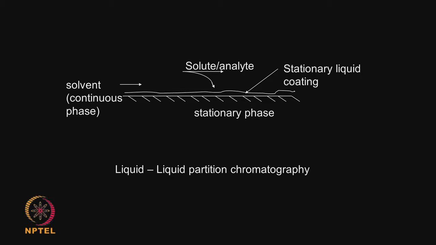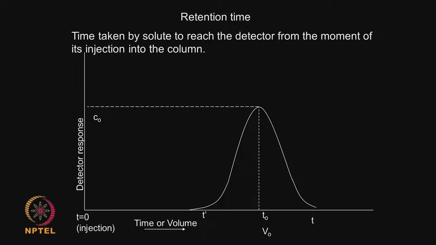So, you will have the term partition coefficient coming into this picture, especially for liquid partition chromatography. The stationary phase will have a solid matrix and a liquid that is coated onto it. So, this is exactly like liquid extraction, only thing is one of the liquids is immobilized on the surface.